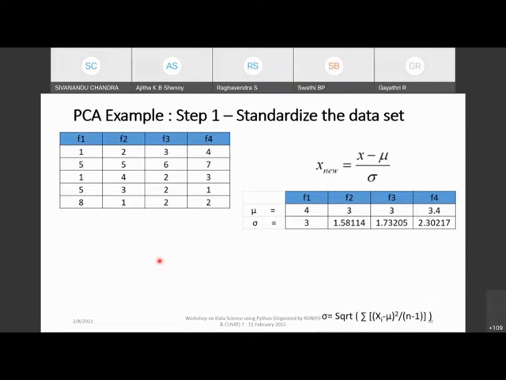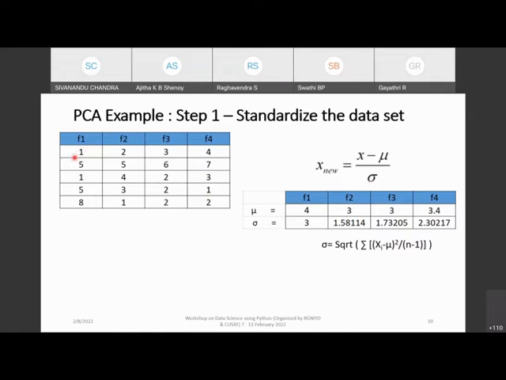Now to calculate sigma, you have to use the equation which you have studied in your statistics course, which is given by square root of summation of xi minus mu whole square divided by n minus 1. Why n minus 1? Because I am taking the standard deviation of a sample.